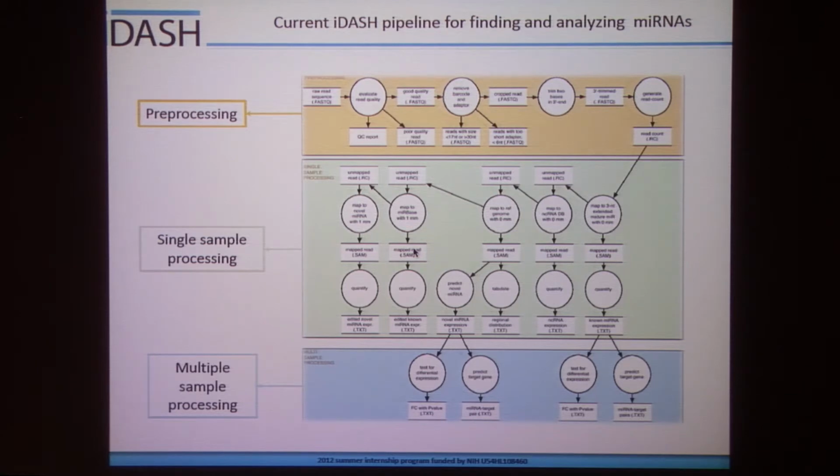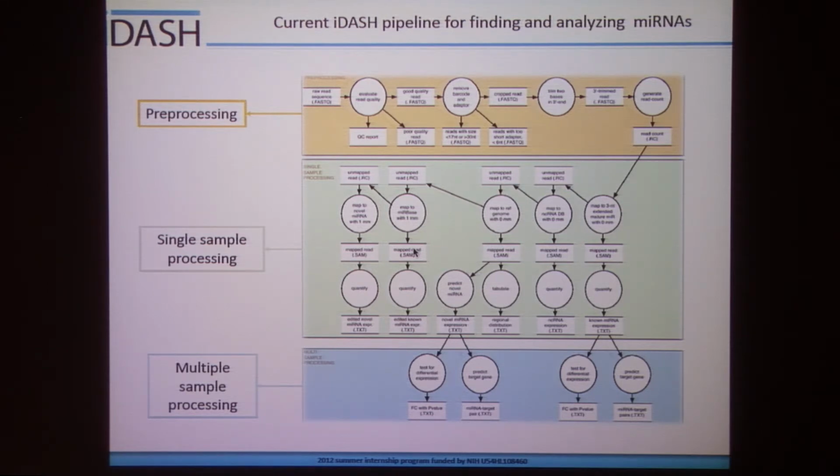After some pre-processing over RNA-seq data, each RNA-seq sample is processed individually in the single sample processing step. And the results of several single sample processing outputs are combined in the last step, multiple sample processing, and the final prediction is made. But everything is fine about this pipeline.